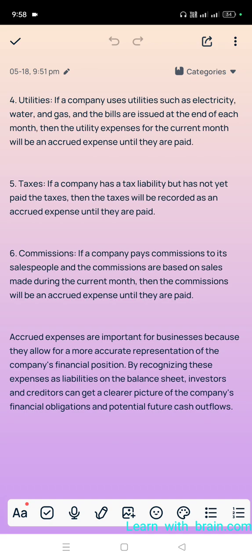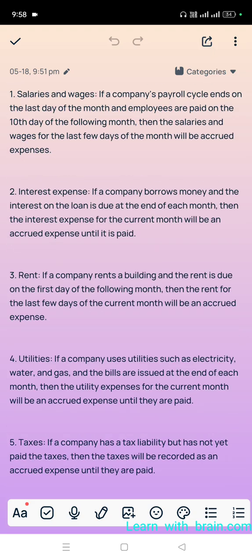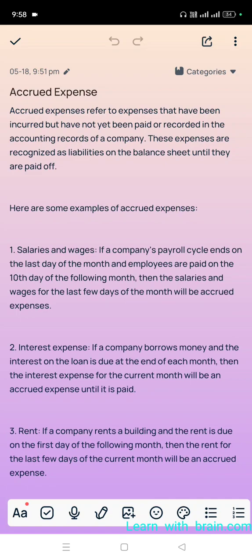From a company perspective, every month we have to record all the expenses and incomes, liabilities and assets. We also have to prepare quarterly financial statements. So that's why we have to record every month-end accounting transaction. So these are accrued expenses. Okay, I hope you understand. Thank you.